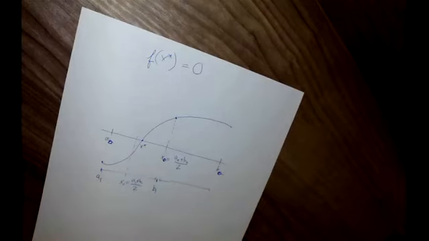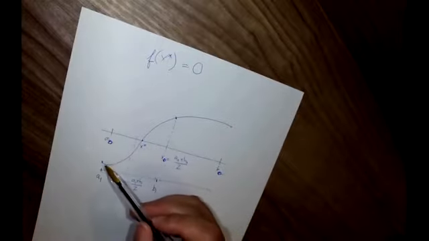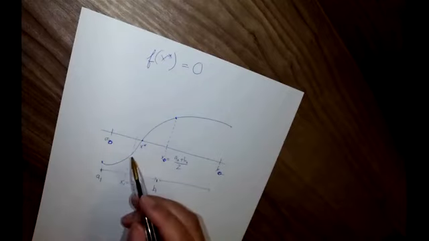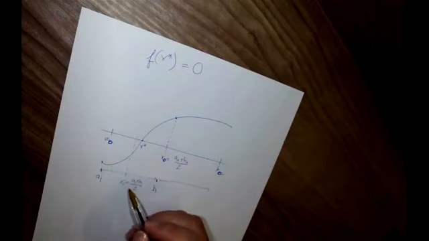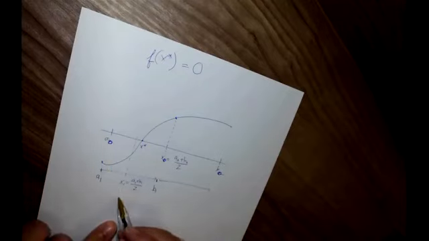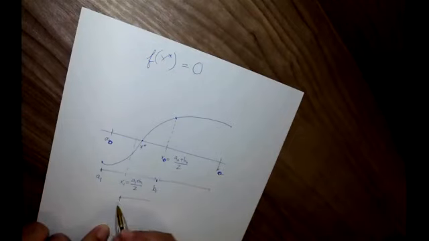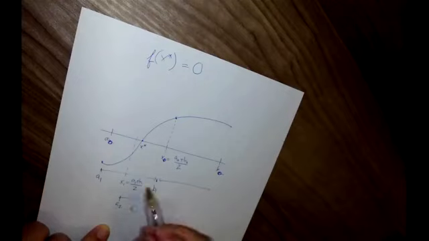Then I will check 2 intervals. And you see that this interval, a1, x1, is not good because the signs are both negative. So I have to choose the interval in the middle. So now this one will be my a2, b2. And then I compute x2, the middle point again and again.